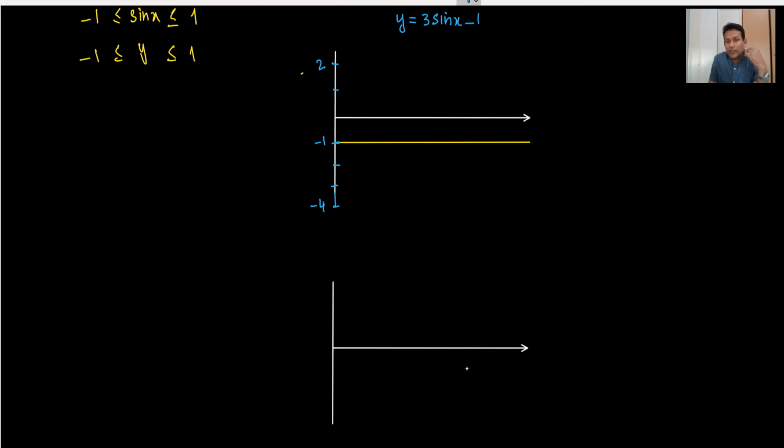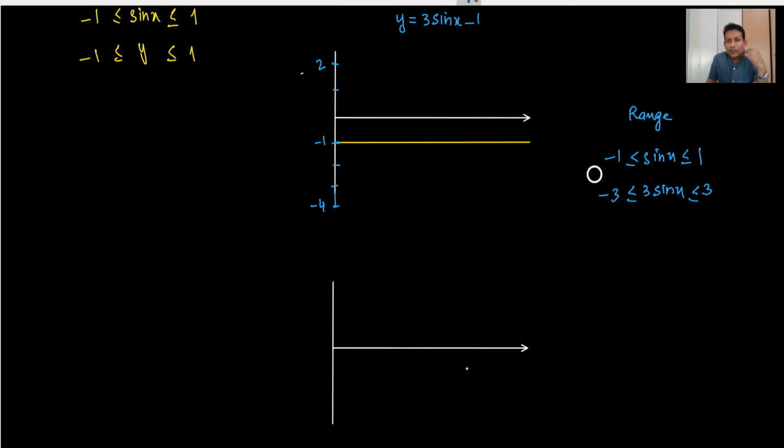Even if you want to check the range of this, you can find it. The range of sine x is fixed, -1 to 1. Multiply with 3 for 3 sine x: this will become 3 and this will become -3.